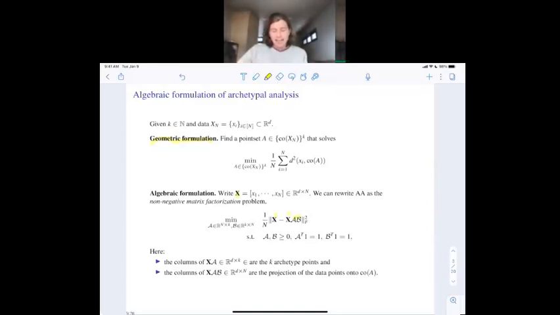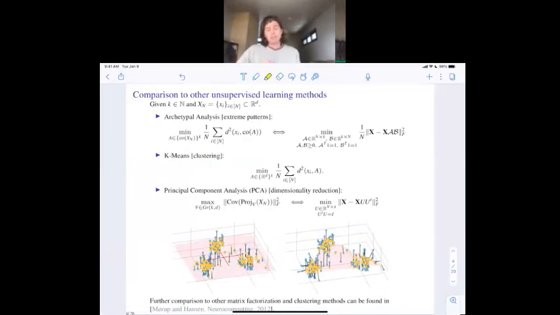And so A is an expression of how you express the vertices in terms of convex combinations of the data. And then B tells you how you express the convex projection of the data in terms of the archetype points, right? So if you think about this for a minute, I think you'll see these are equivalent problems. So you have this nice non-negative matrix factorization formulation of the problem.